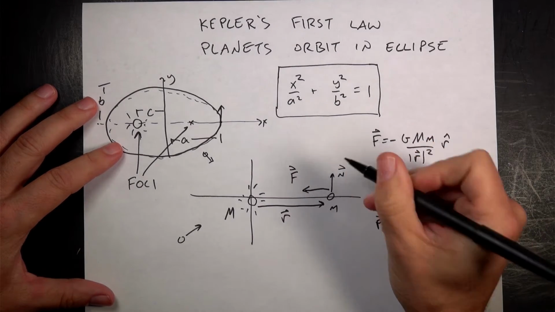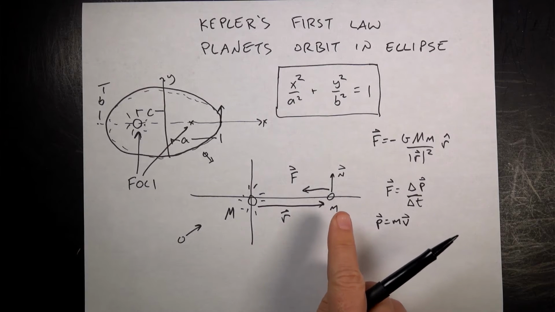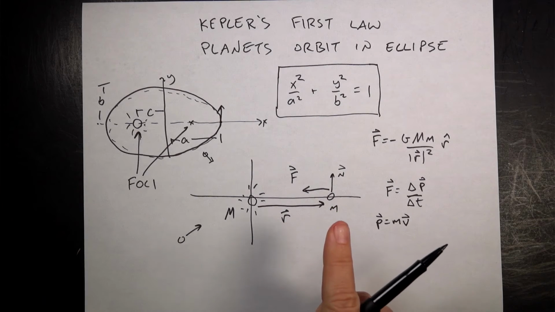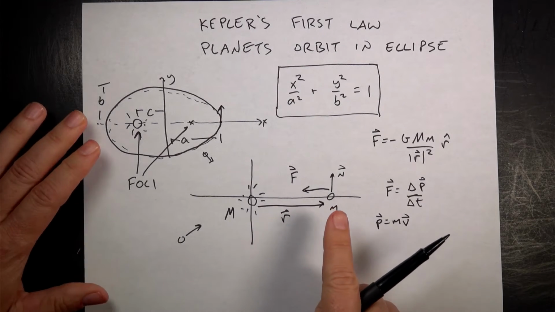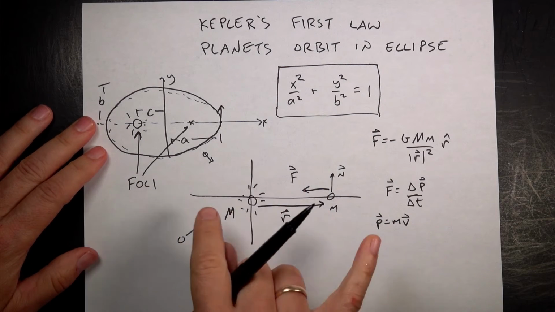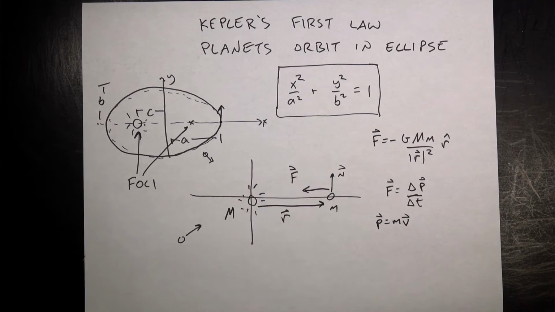I'm going to start off with a planet on the x-axis moving in the y direction, just because it's going to make an ellipse where the two foci are on the x-axis. You could imagine the x and y axes aren't real anyway, so you could always pick a system such that that's true by choosing appropriate axes.